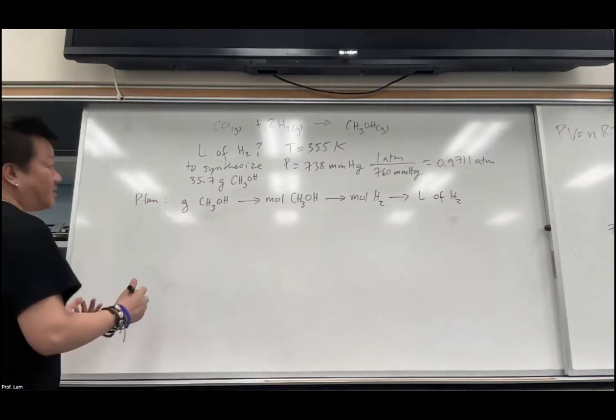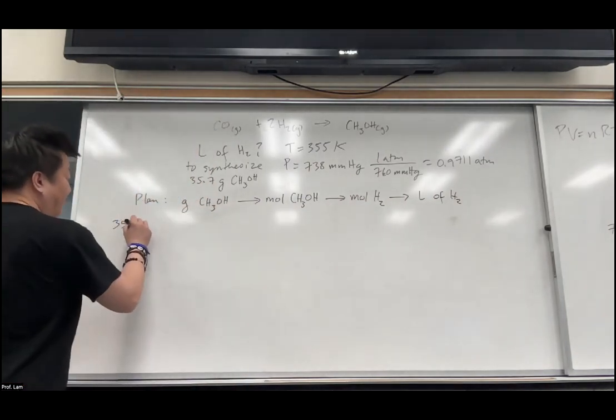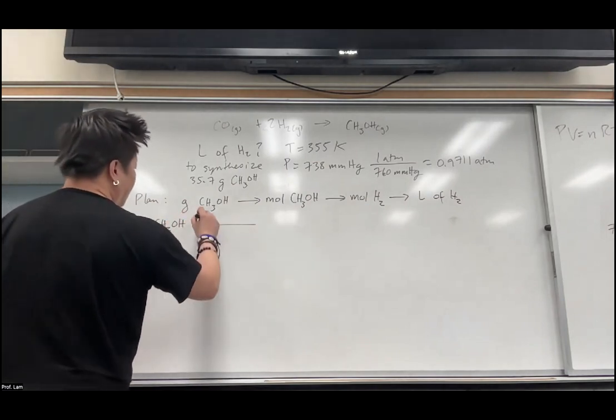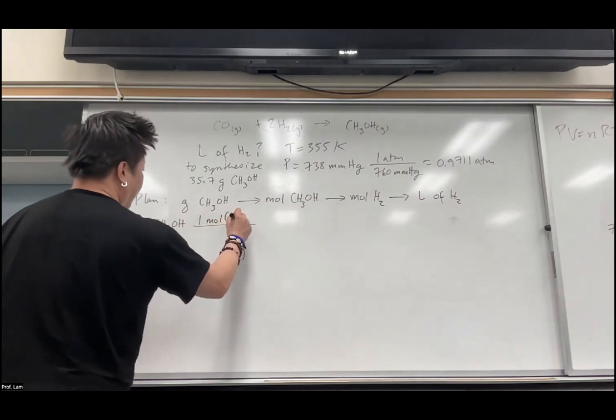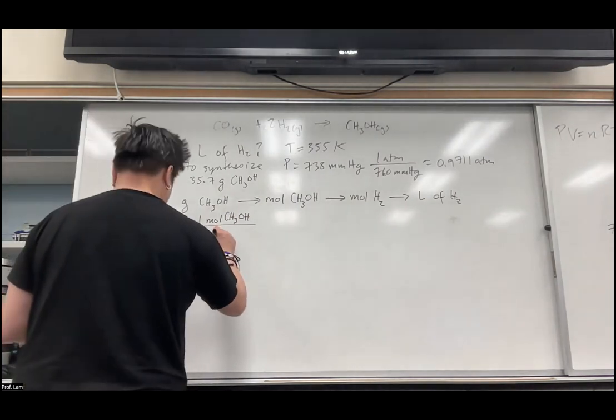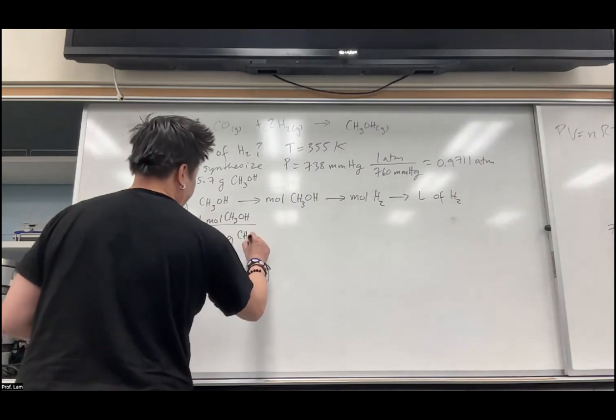So let's execute. We have 35.7 grams of CH3OH. Take 1 mole of CH3OH on top, and then let's calculate that molar mass: 32.04 grams of CH3OH on bottom.